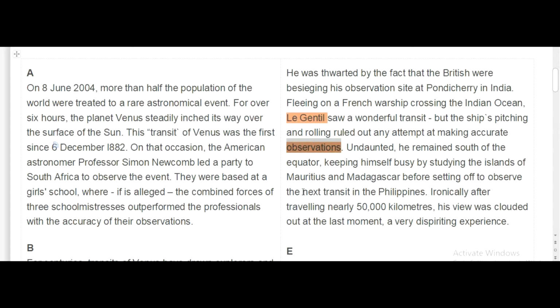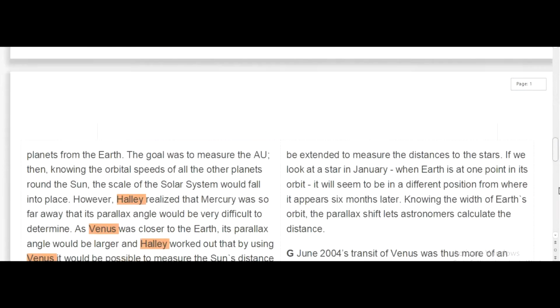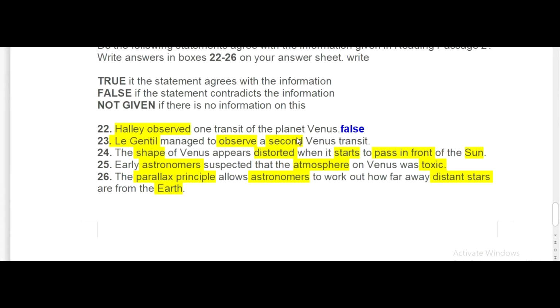Something about next transit. This might be a keyword for second transit, because down it says second Venus transit.